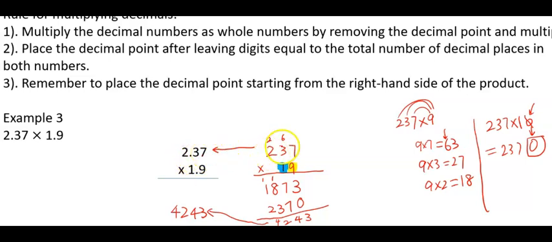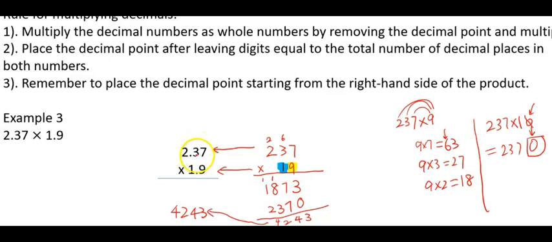So it's kind of like we increased the number 100 times, because from 2.37 to 237, it's really from 2 to 200, it's 100 times. And the same thing here, when we change the number 1.9 to 19, we really increase the number 10 times, because from 1 to 10, right?